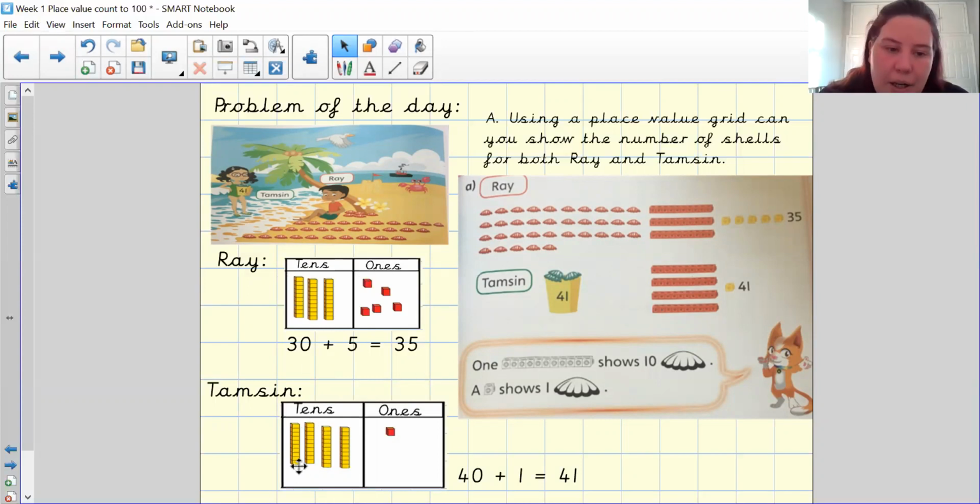Tamsin had 1, 2, 3, 4 rows of 10, okay, because she had them in her bucket. So that makes 40, and then she had 1 extra, 41. So the question was asking who had the most. Well, it's clearly obvious that Tamsin had the most because she's got an extra 10 value than Ray.